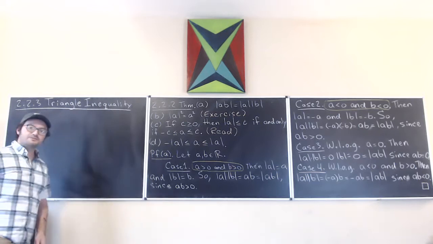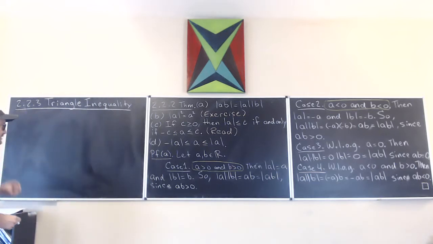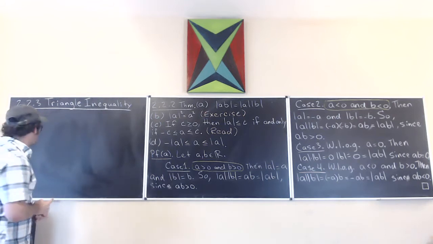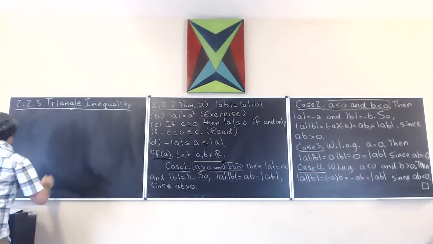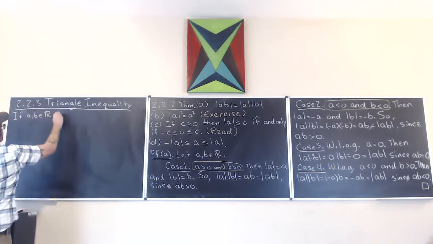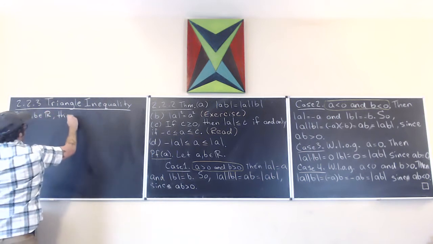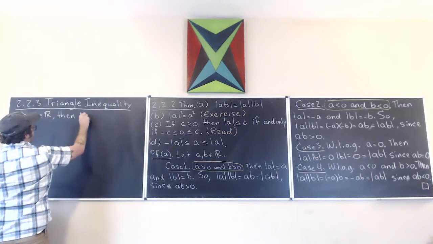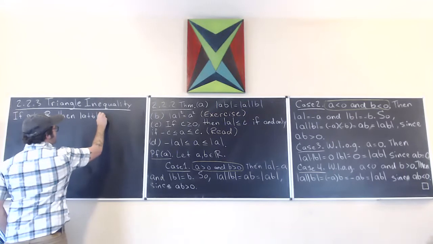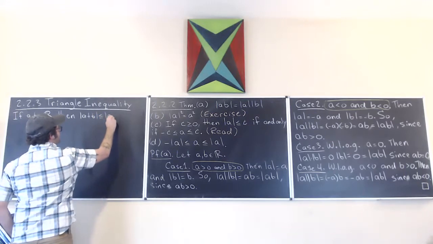Again, one of the most useful things to know in proofs and analysis and all sorts of other mathematics courses. So what does it say? It says that if A and B are real numbers, then the absolute value of the sum is at most the sum of the absolute values.